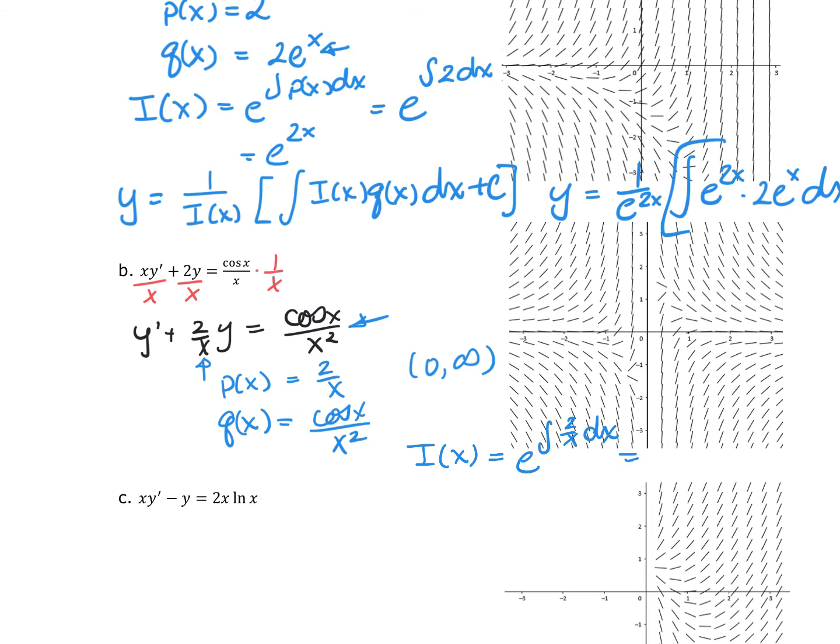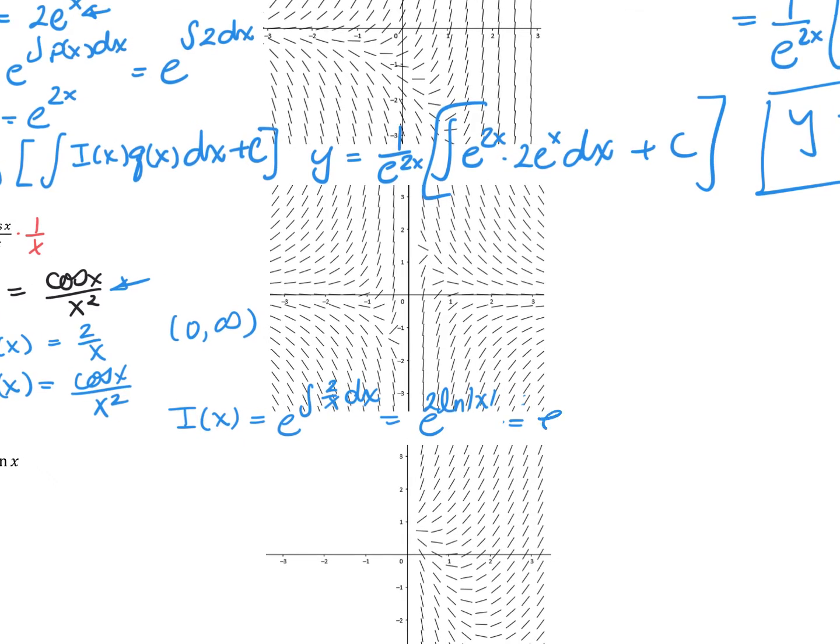Well, this is going to be e raised to 2 times the natural log of the absolute value of x, and then no dx. And so this ends up becoming e raised to the natural log of x squared. Now the squared allows me to take off the absolute value symbols. And then we have this rule with the laws of logs, it just becomes x squared. So that's my integrating factor, okay?